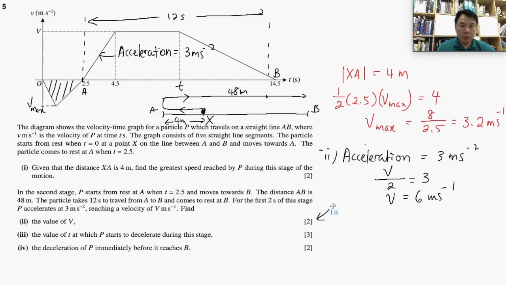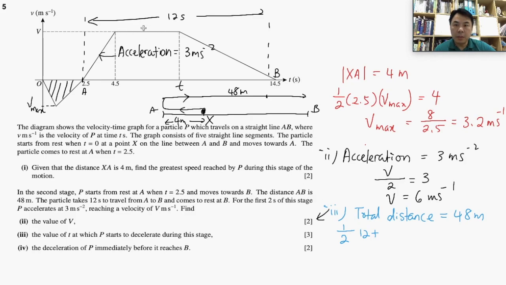Number 3, total distance given as 48 meters. And then this total distance is evaluated using this formula here. That is the sum of the parallel lengths. This is a 12 plus this length here.